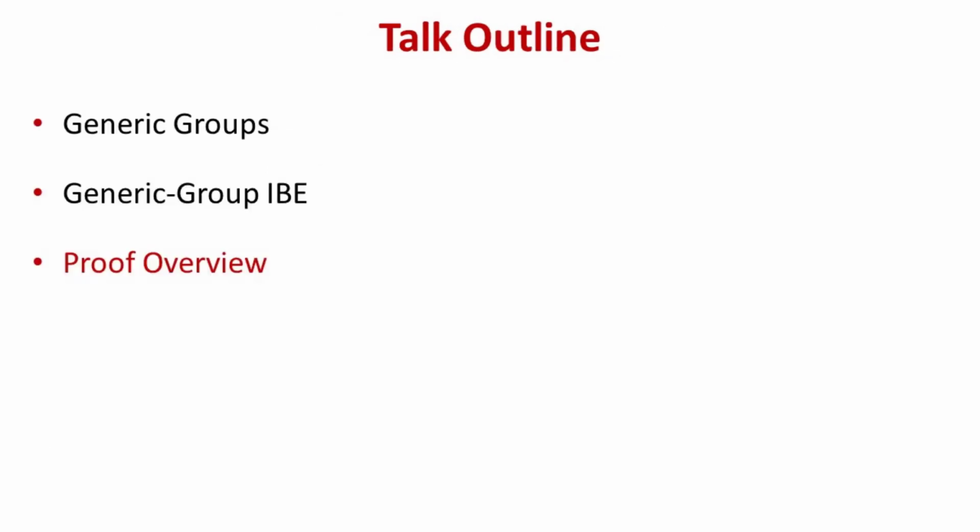Okay, so we can now move on to a simplified high-level overview of the main ideas underlying our proof. Let me just note once again that for the purpose of this talk, we present a simplified variant of our proof, and please see the full version of our paper for a more complete overview and for a formal proof.